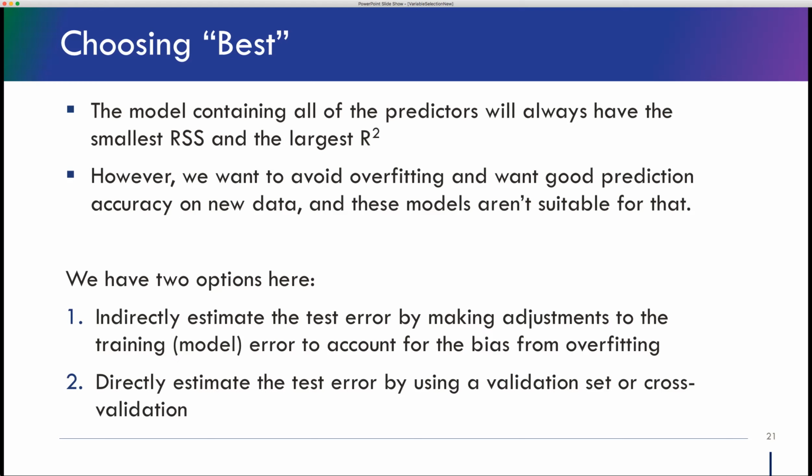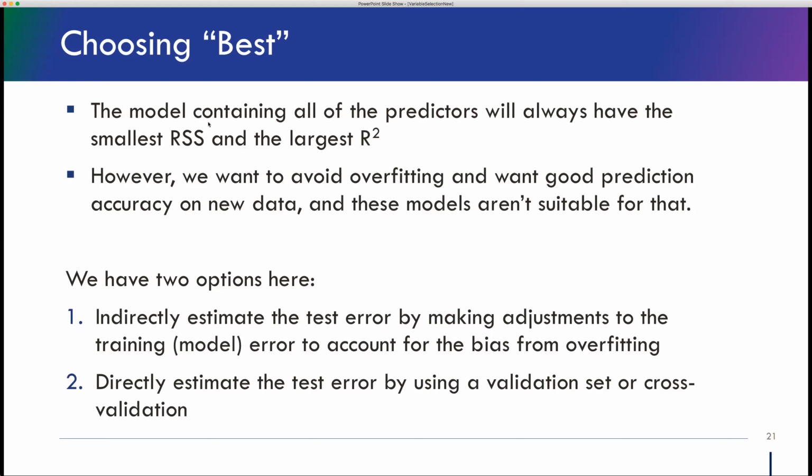We have mentioned it several times. We could use our residual sum of squares, RSS, or R square to compare models of the same size. Same size means having the same number of predictors.